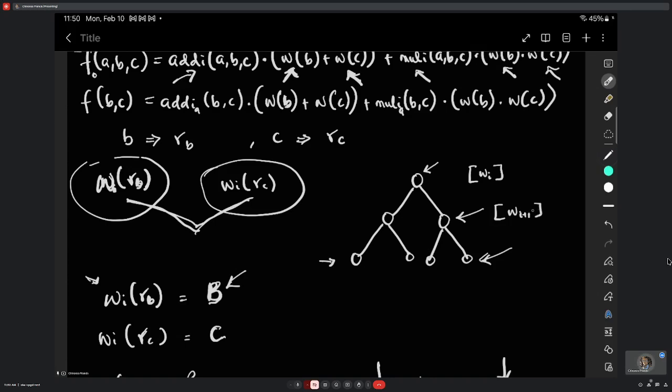So when you do W_{i+1}(b), it's like the left-hand values of this layer, just that value. And c is the value on the right-hand side. If we come lower, it will be b1, b2.